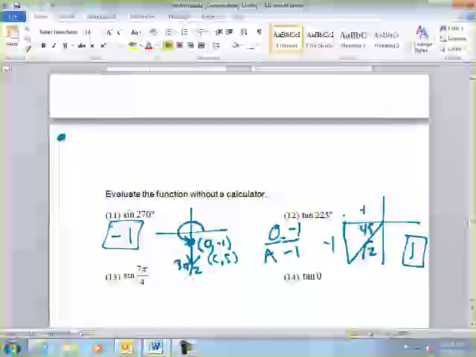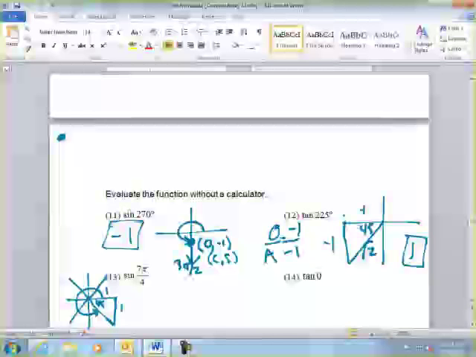Seven pi over 4. How do I graph in radians? Make 4 pieces on top and bottom. Whatever the denominator is, make that many pieces on each half, top and bottom. The numerator tells you how many pieces to go, so I'm going to go around 7 pieces, which puts me into that 4th quadrant. And what kind of a triangle is this? 45.